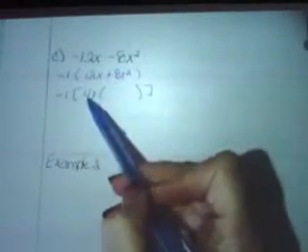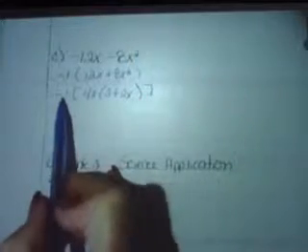I also can factor out an x. I'm going to have 4x. Everything else goes inside parentheses. 4x will go into 12x 3 times. 4x will go into 8x 2x. Alright. So don't forget about this negative 1 that we factored out.